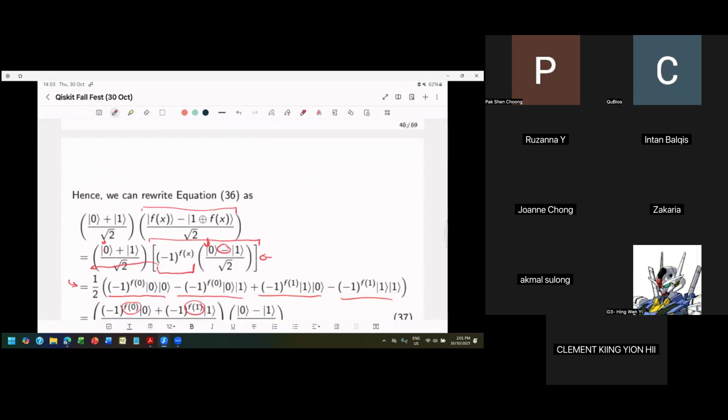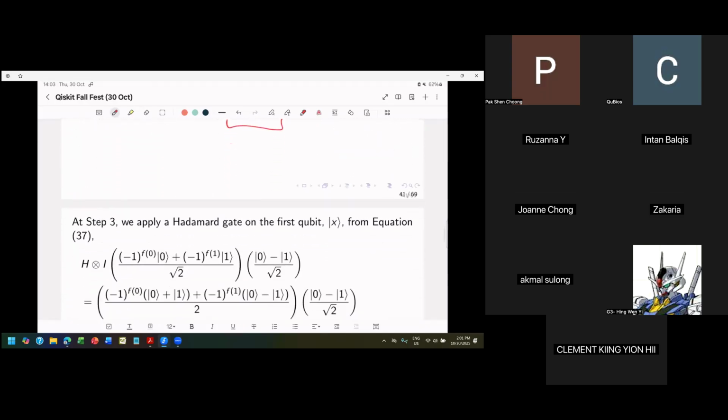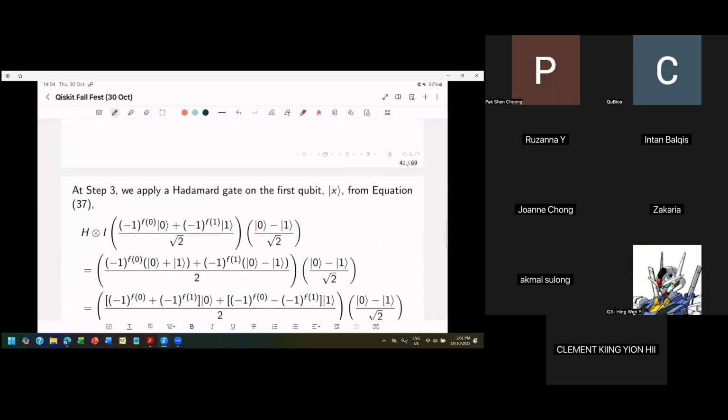Now let's look at step 3. You apply the Hadamard gate on the first qubit. What it does is that over here it converts to plus, over here it converts to minus. Then you can expand the plus and minus again.